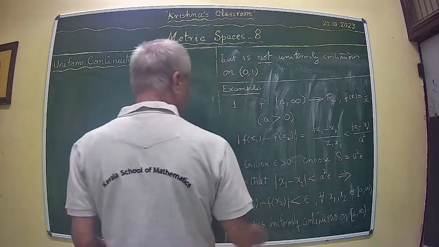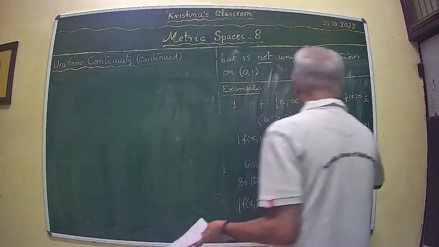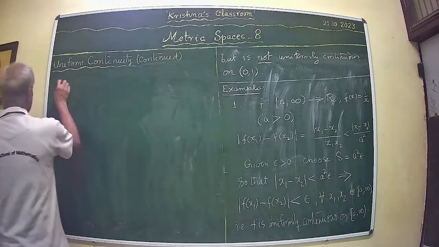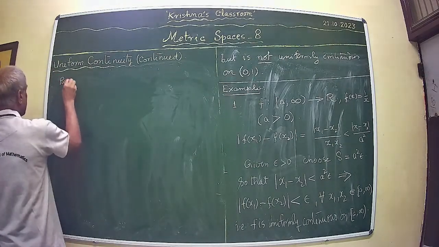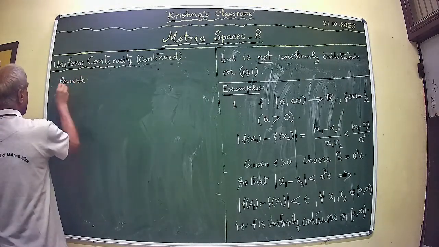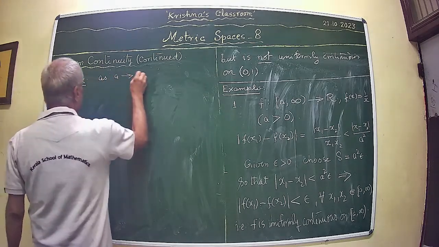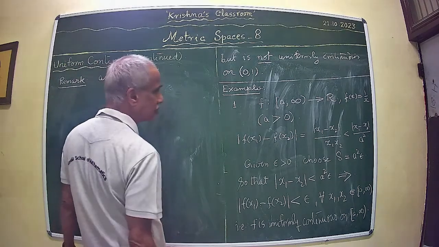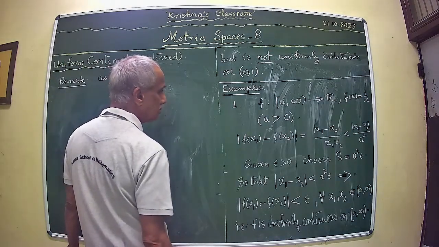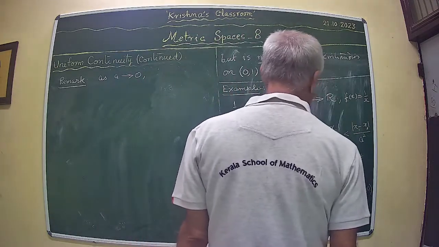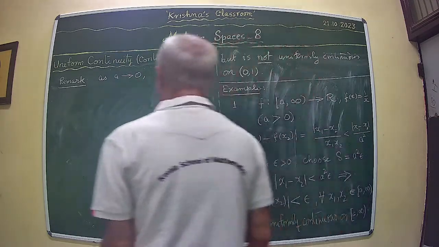We can also observe that as A tends towards 0, we remark that delta tends to 0.